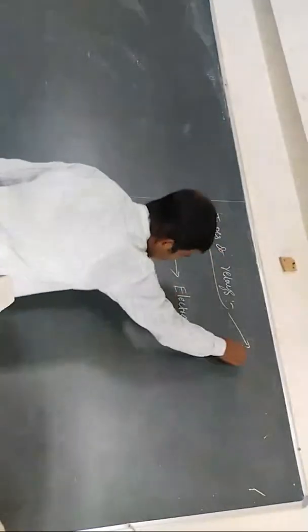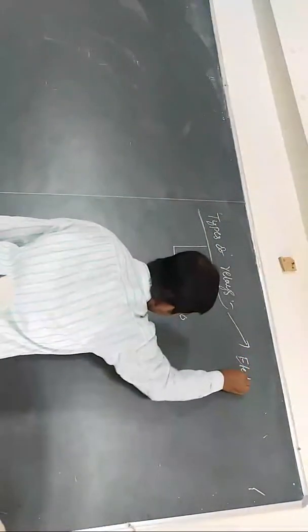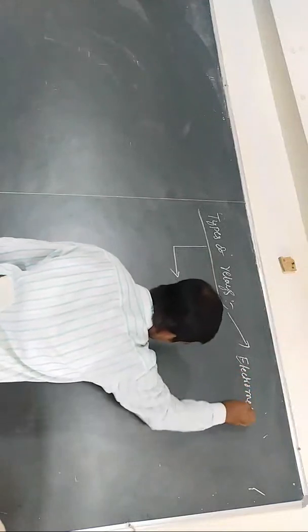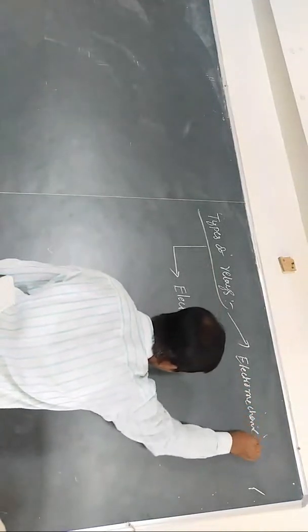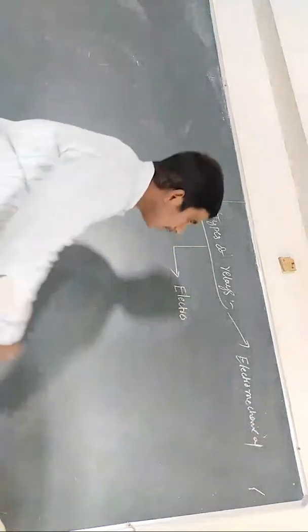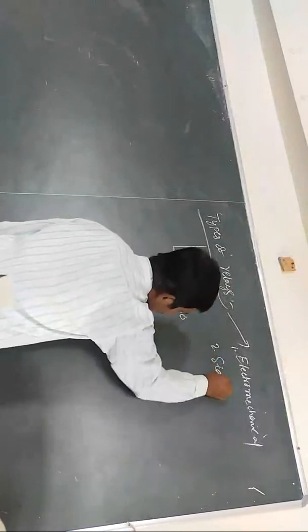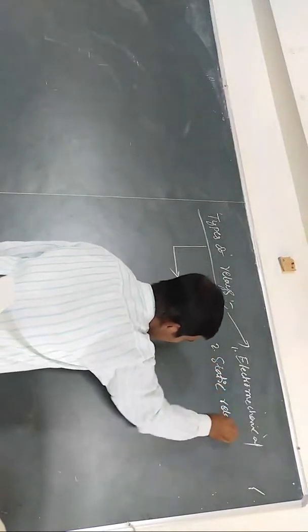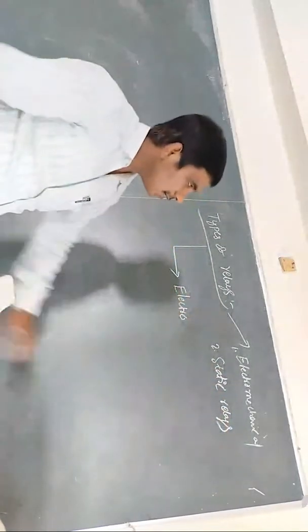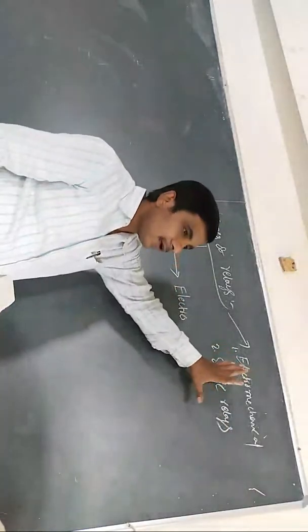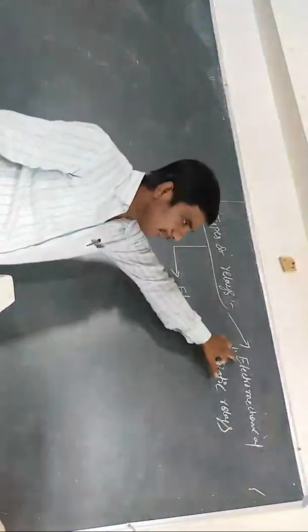One is electromechanical relays, and the second one is static relays. In electromechanical relays, we are using a plunger and coil, and moving parts will be there.